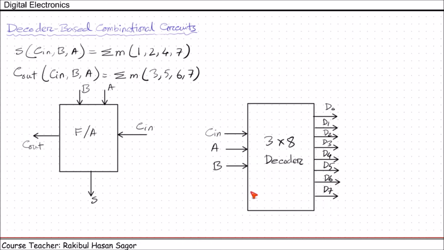Here this is the block diagram of a 3 into 8-bit decoder, where we have Cin, A, B, 3 inputs and 8 outputs.